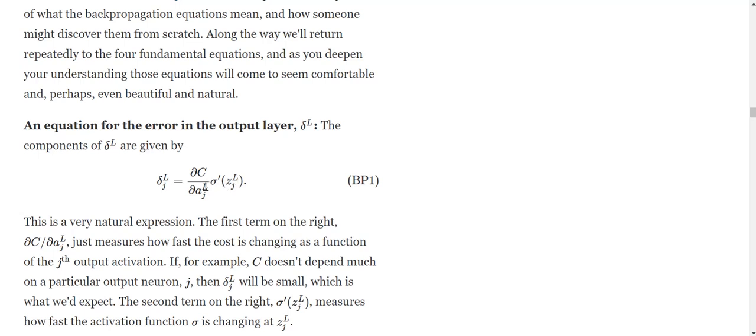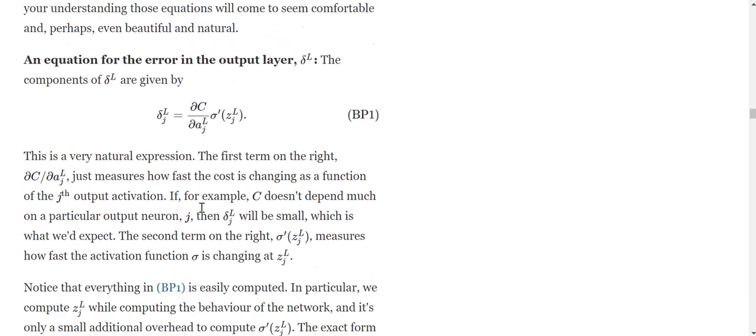But if you remember, the cost function has one extra layer between ZJL and the output, which is the activation function. So the cost function can be expressed as the activation function applied on ZJL. In this context, you first take the derivative with respect to the activated value, and then using the chain rule you take the derivative of this with respect to ZJL, which gives you this term.